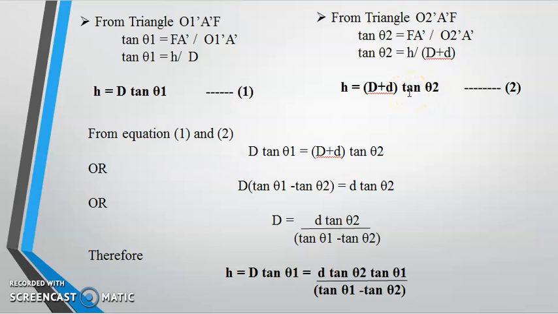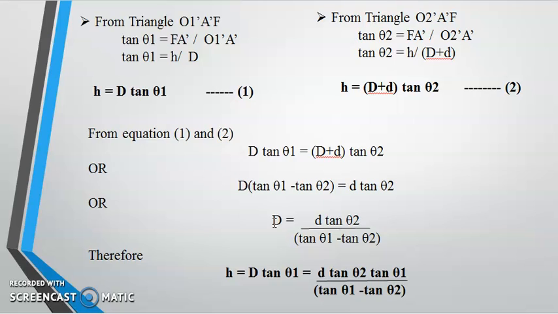Now from equation 1 and equation 2, as the left hand side is the same, we can equate them and we will get the value for capital D, which is unknown. As I said, the base of the object is inaccessible. That is the reason we cannot get the horizontal distance between instrument station 1 and the base of the vertical object.